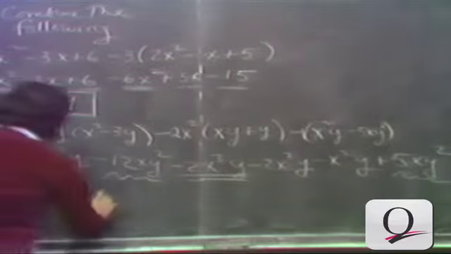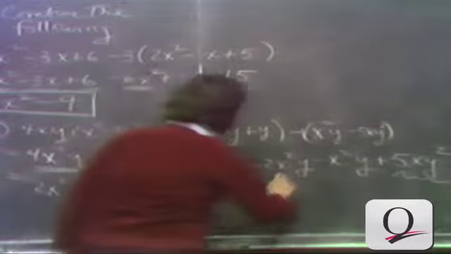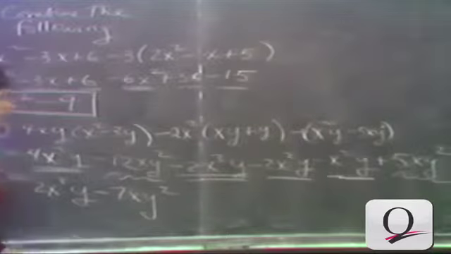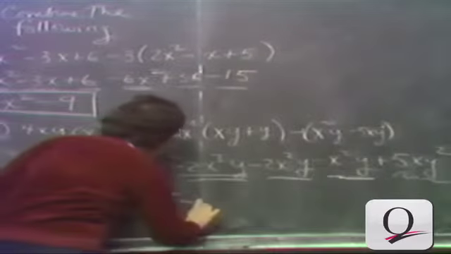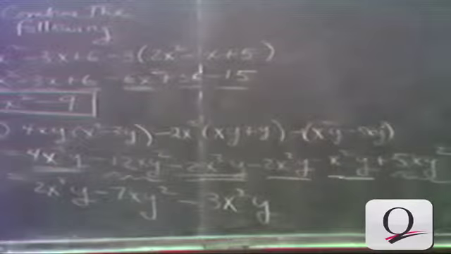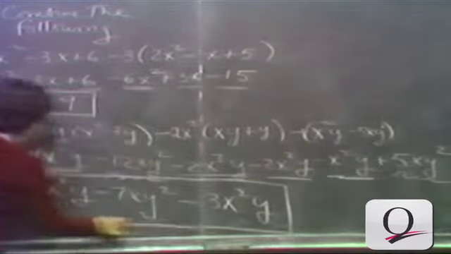They combine to give us a minus 7xy squared. And the last pair, we have the minus 2x squared y and the minus x squared y combining for minus 3x squared y. And there we have the answer.